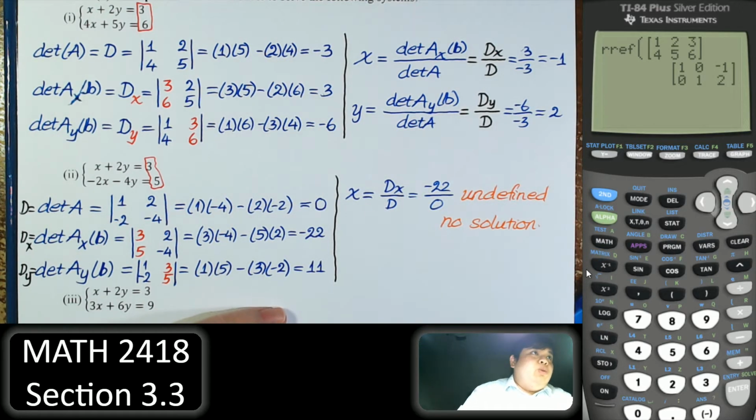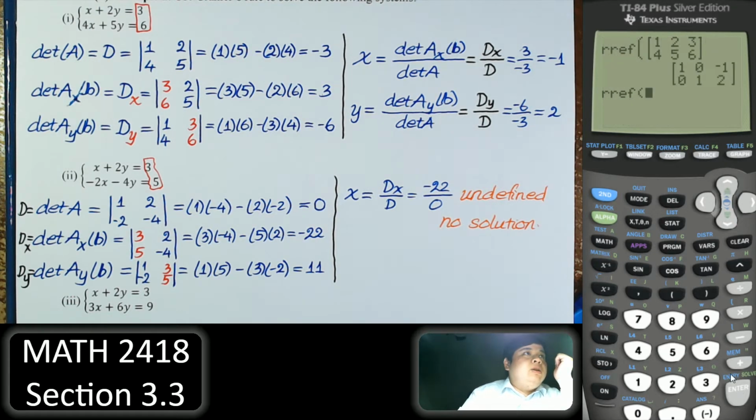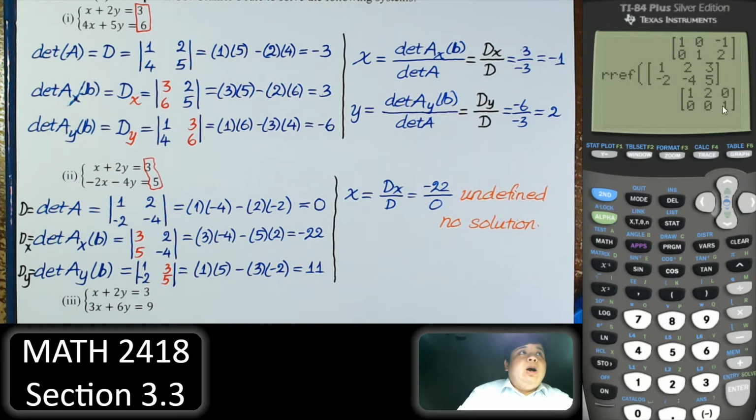If we use the reduced echelon form, you see that we have the pivot at the last column here. That is a sign of no solution. So that is correct. So it's no solution.